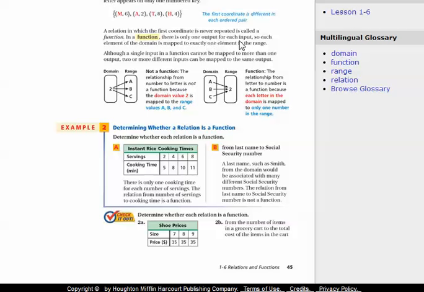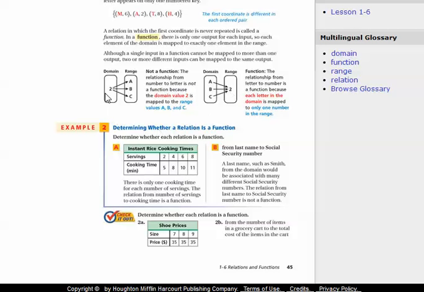Each element of the domain is mapped to exactly one element in the range. Right here is a good example. Every one of these goes to just one element over here in the range, so this would be a function.